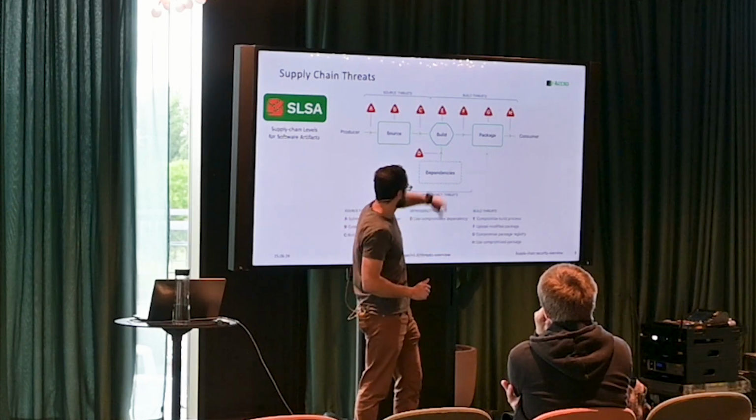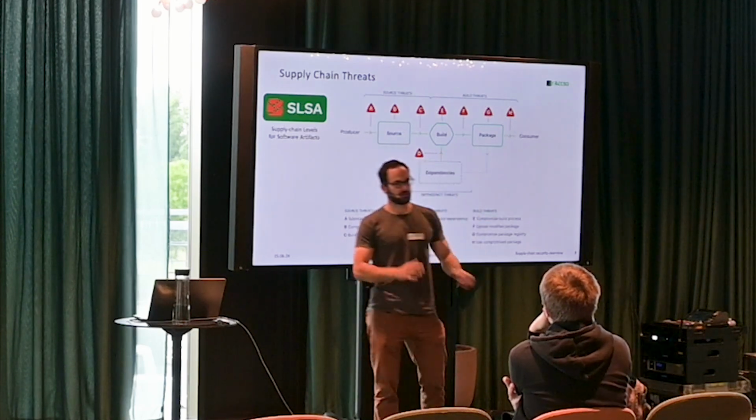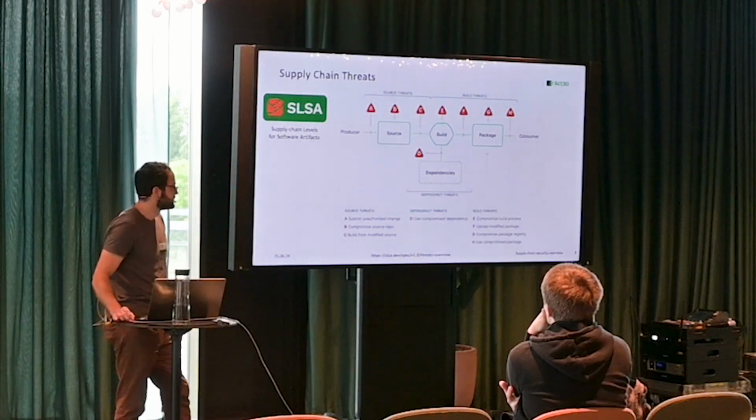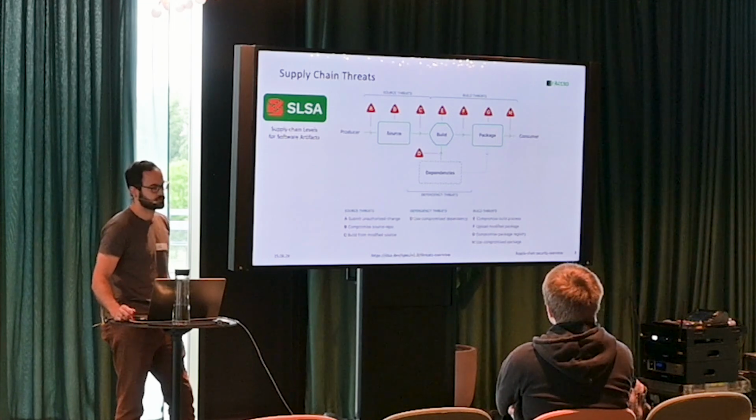You have dependencies which are integrated in your build process, and then the consumer would be either an entirely other customer or open source repo, or just your software which actually runs on your server.